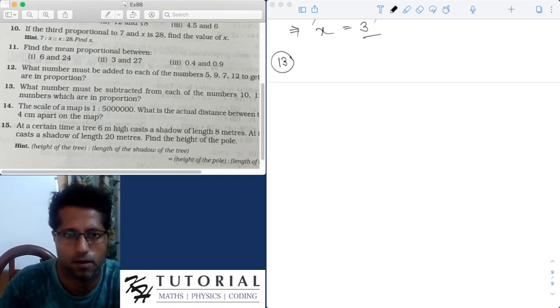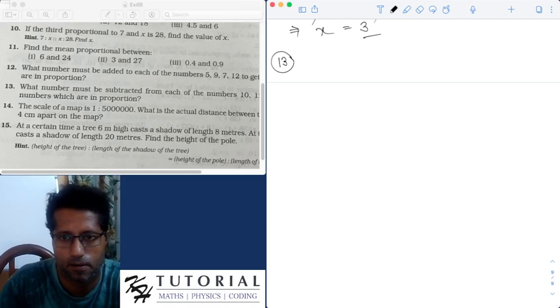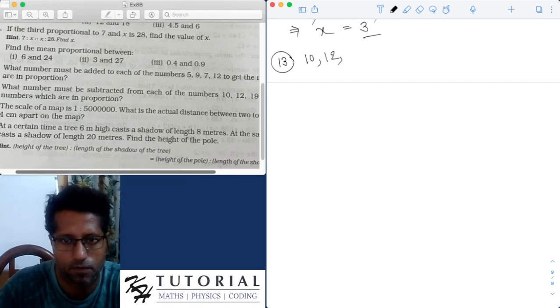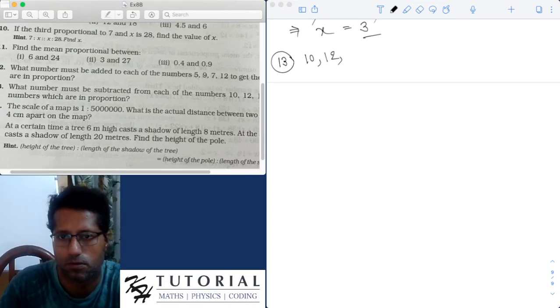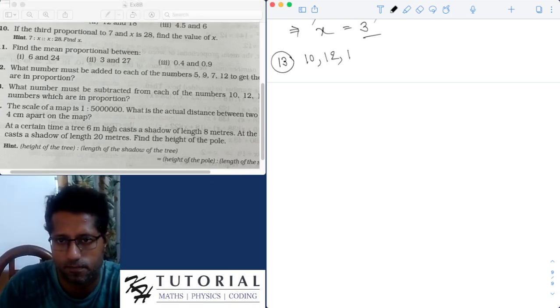So the numbers are 10, 12, 19 and 24. These are the numbers given, and it is asking what to subtract.